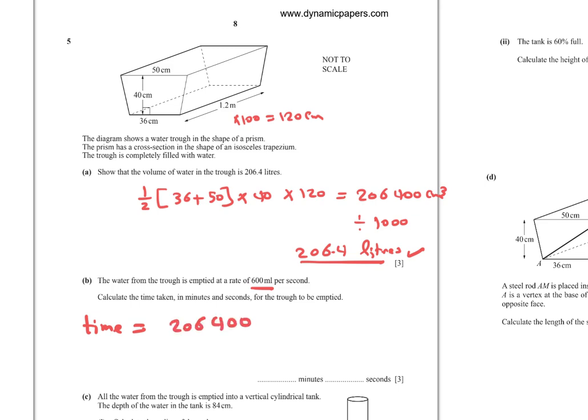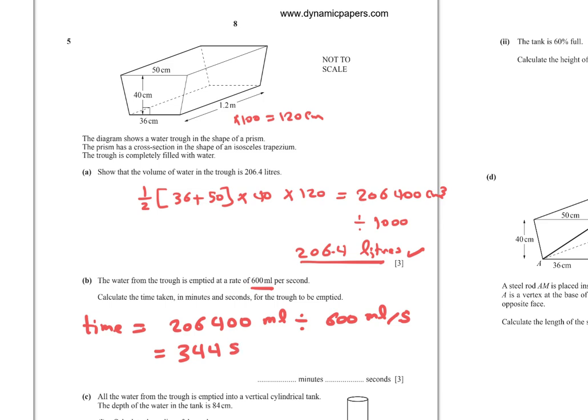So 206,400 milliliters. Divide by the rate, which is 600 milliliters per second. Now you have the time in seconds. Then you can convert to minutes and seconds by dividing by 60. So 206,400 divided by 600 equals 344 seconds.